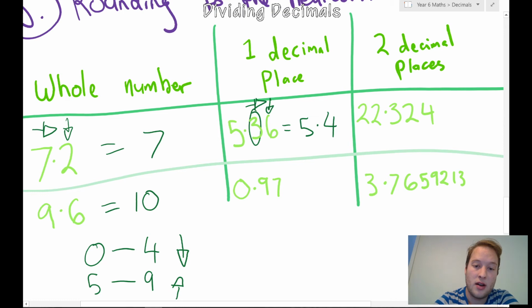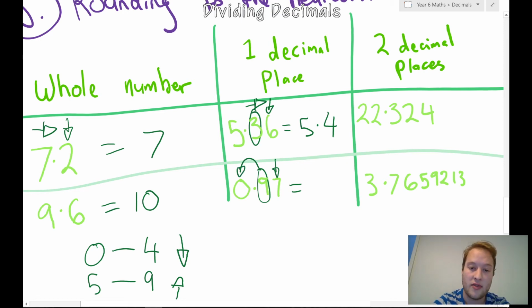And for the next one, again, for 1 decimal place, I'm focusing on my 9 right here. I have to look at the 7 to see what to do. 7's in the higher section, so this 9 is going to have to go up. What happens when I go up? It has to spill over to the next side.